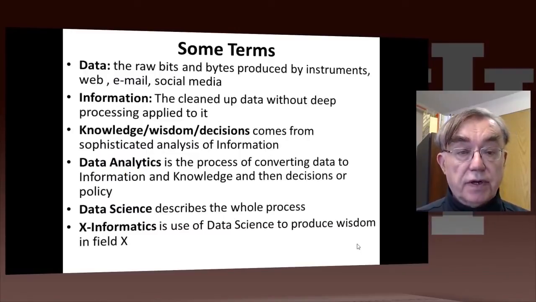Now, this is a very important slide. It defines most of the key terms used in this class. The deluge starts with data or raw data. This raw data is produced by instruments such as the Large Hadron Collider, or by satellites, or by little sensors scattered around the globe.